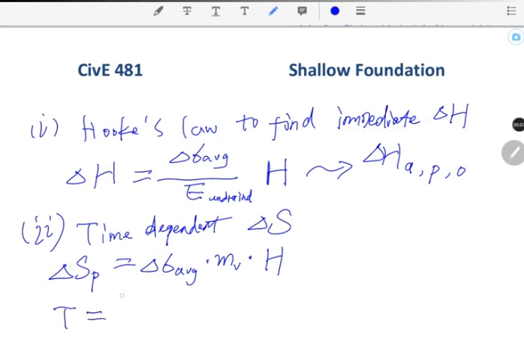T_v equals c_v times t divided by H_DR squared.